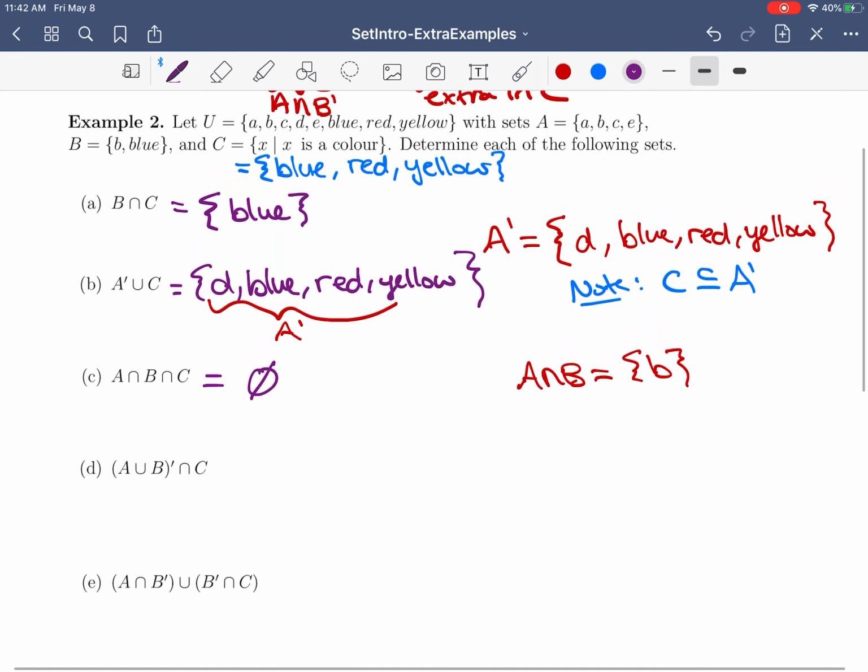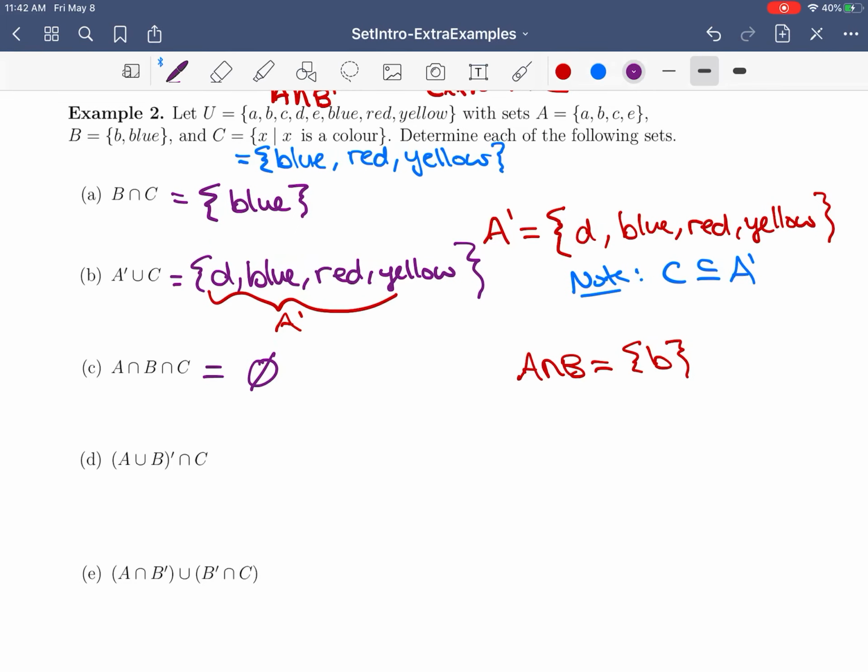Okay, now I want the complement of A union B intersects C. So we don't have A union B yet, so let's write that. Okay, so it has everything in A, and then everything extra in B, which is just the color blue.